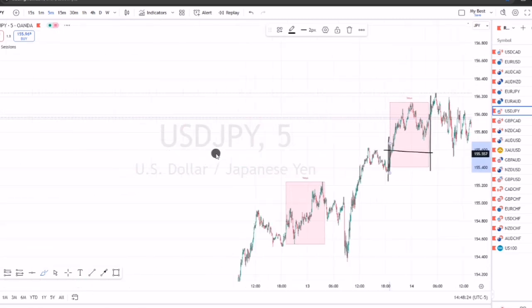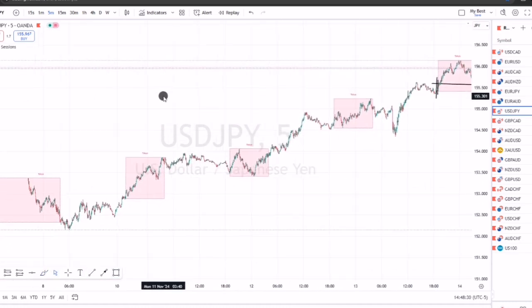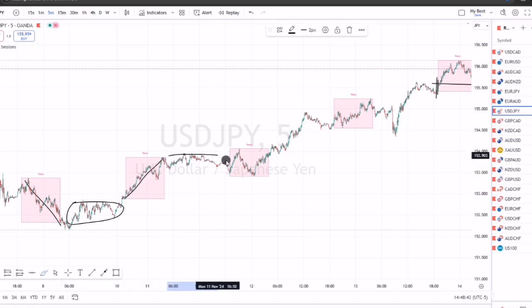Okay, maybe I can show you why you are supposed to trade it during this Tokyo session. During the Tokyo session, it is the right time where this pair makes a move, and then in between there is a lot of ranging, and then it makes a clean move, and then in between there is a lot of ranging, and then it makes some moves within that session, and then it was better here.